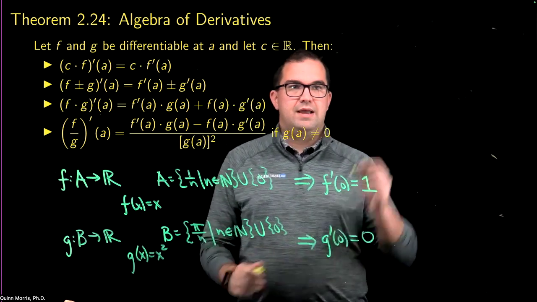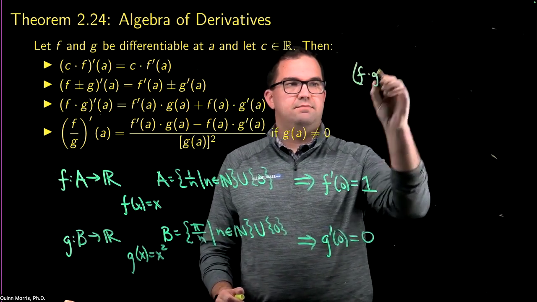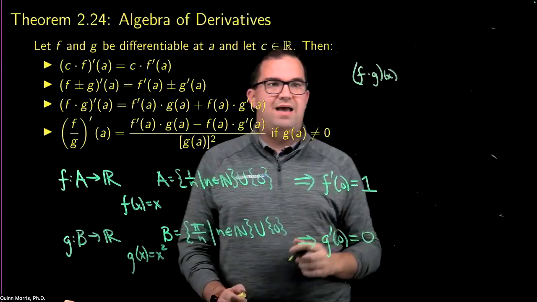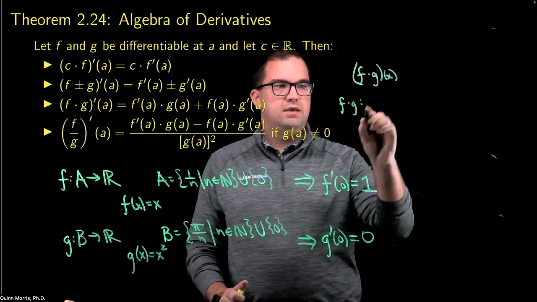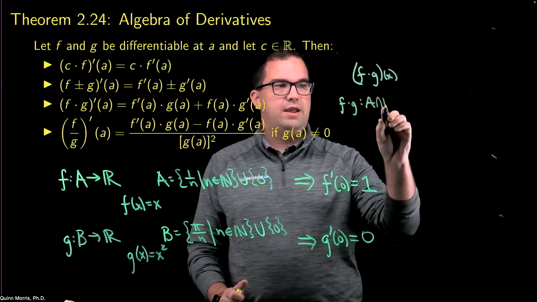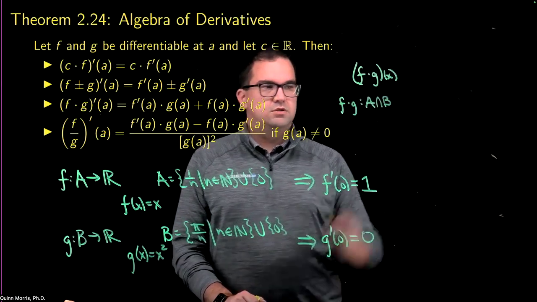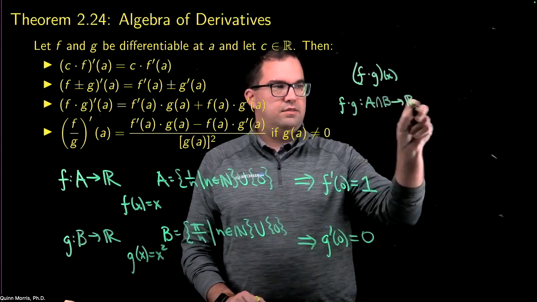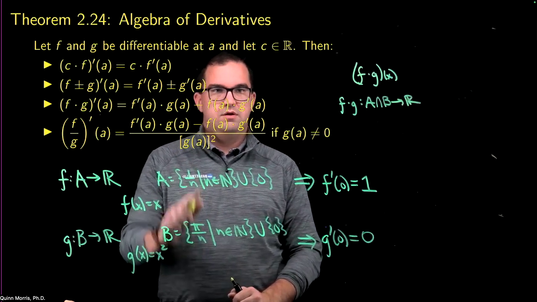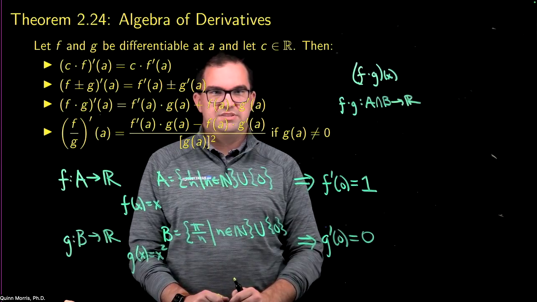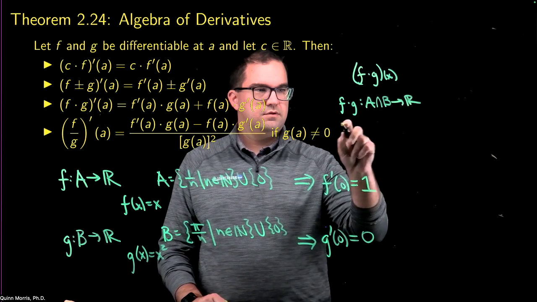If I now want to look at the function f times g of x, this function f times g is only defined where the functions f and g are both defined. So it is only going to be defined on the intersection of these two sets.